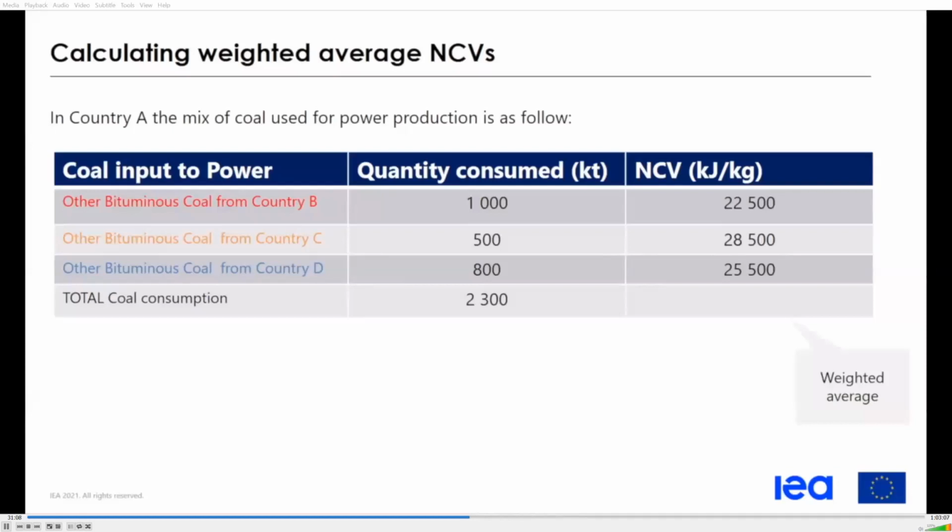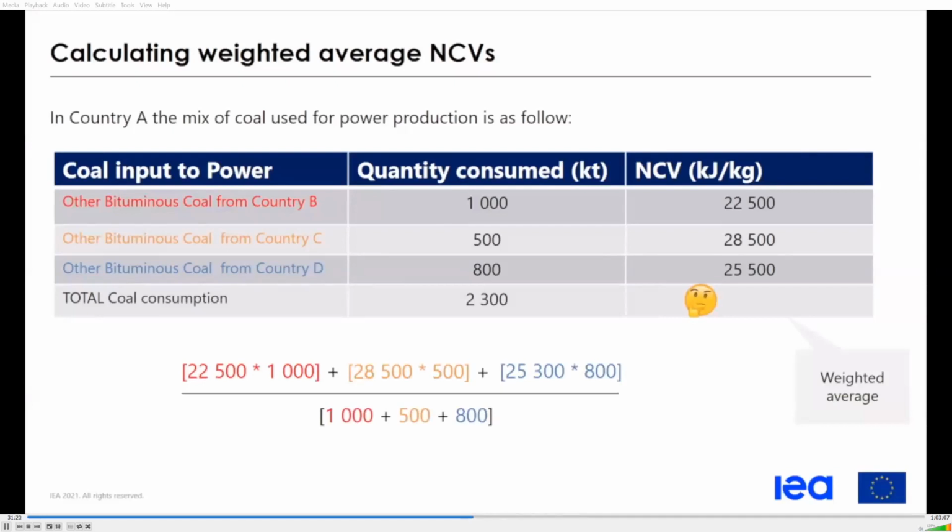If we do the calculation of the weighted average, as a reminder, you multiply the calorific value by the respective quantity consumed, sum those elements and divide by the total quantity consumed. You obtain the average net calorific value that will be used for your total coal consumption reported in your energy statistics. This can apply, of course, to any other energy commodities that you will be using in your datasets.